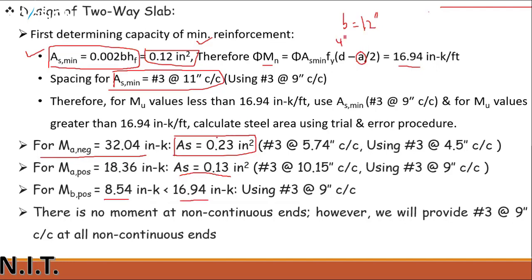Clear? Okay, right now you need to find out the values of area of steel 0.23 and 0.13 in your table. First of all, can you find 0.23?